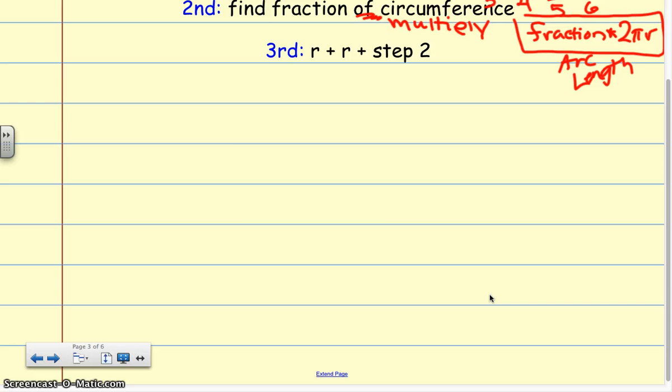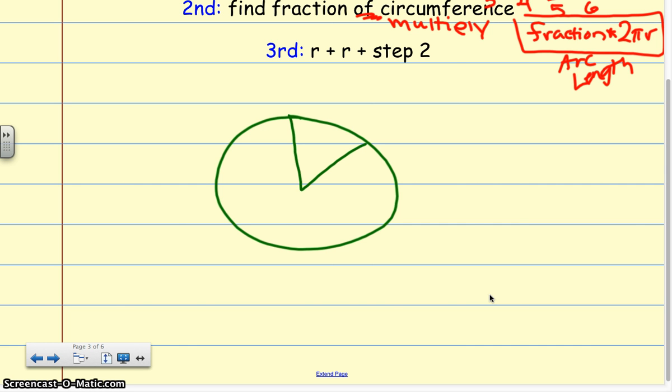Okay, we're going to do another one. Let's say I have this circle. And this circle takes up, let's make it a fourth. The sector takes up a fourth of my circle.